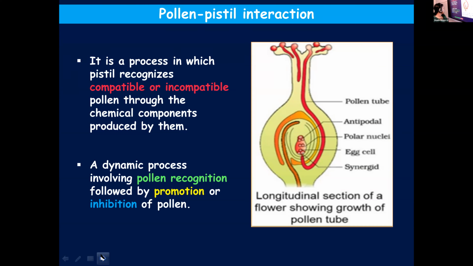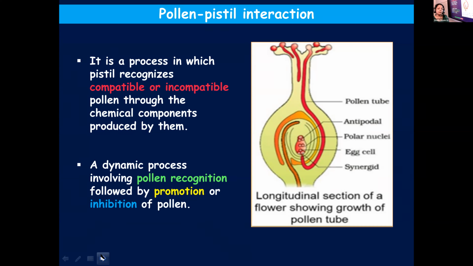The pollen will be recognized first by the pistil, and if compatible, it will be promoted and permitted to grow, and if incompatible, it will be rejected, meaning the growth will be inhibited.